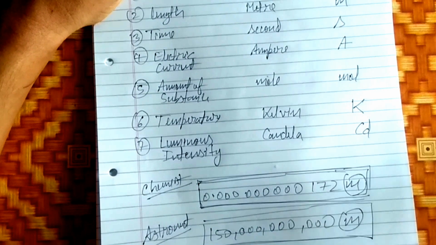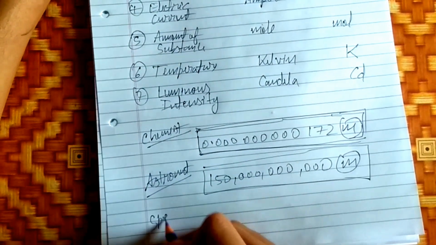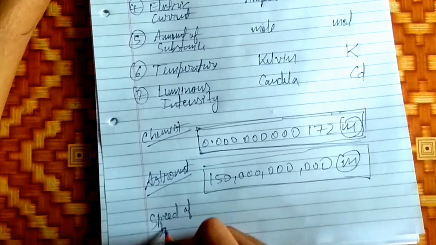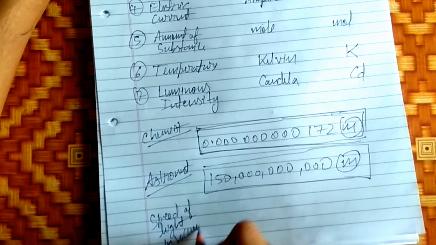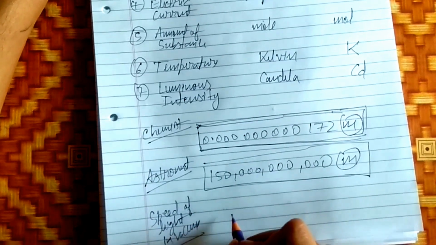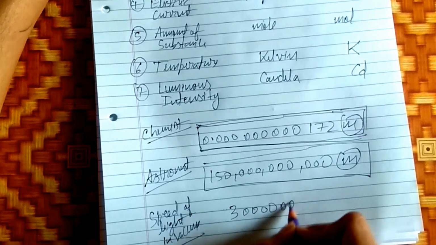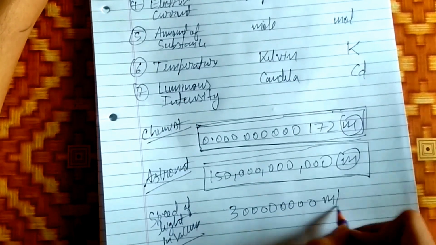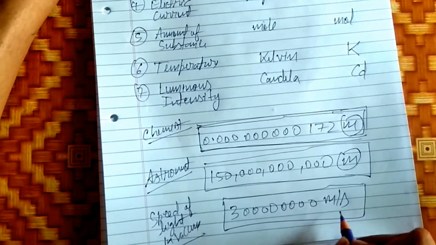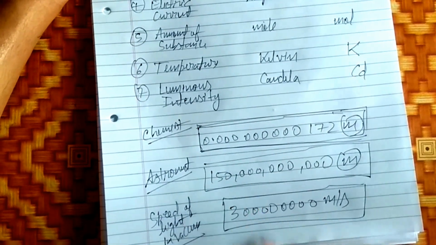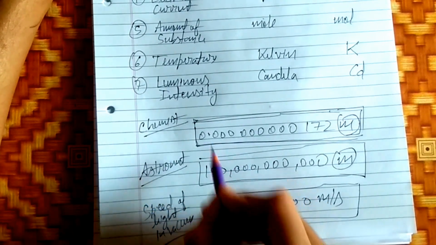Now the speed of light in vacuum, we know from our early classes, is 3,000,000,000 meter per second. Again, here meter is a very small unit to specify this large number, right? And this is very inconvenient.